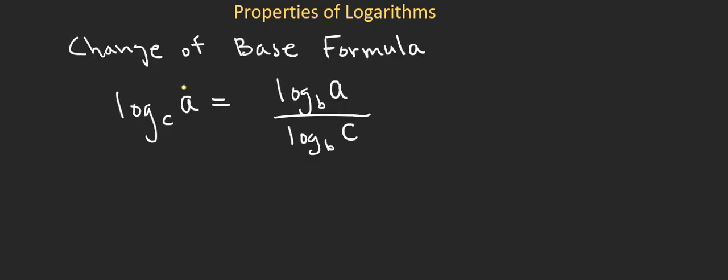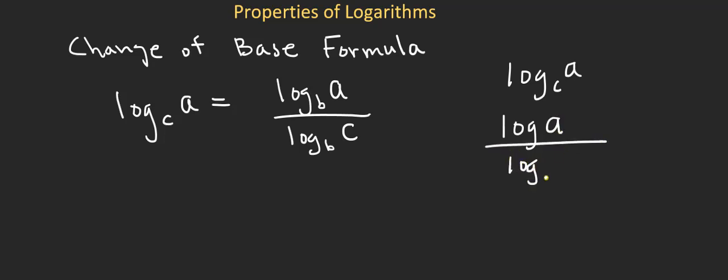Now we're going to talk about the change of base formula. Let's say you have log base c of a. That will equal log base b of a over log base b of c. So this means that log base c of a is going to be equal to log base 10 of a over log base 10 of c.